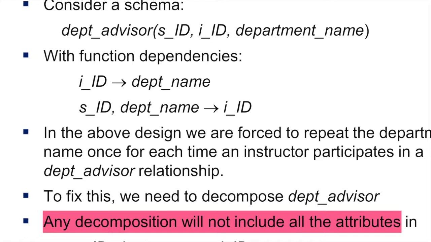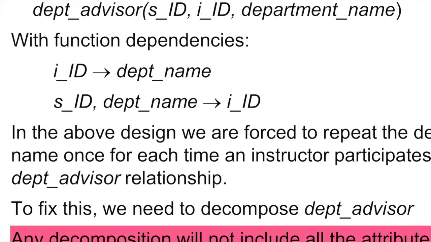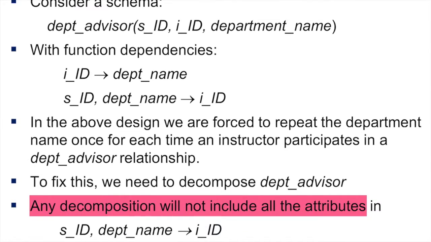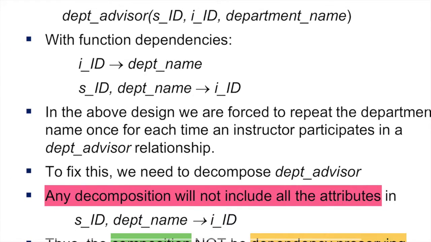So yung functional dependencies niya is that in this particular schema, we are storing the relationship between a student and an instructor. So whenever an instructor participates in this department advisor relationship, inuulit yung department name where the instructor belongs.